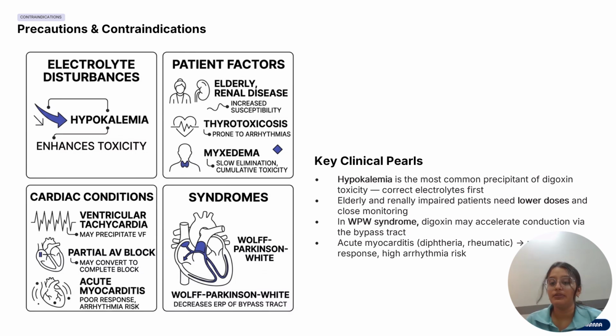Also in WPW syndrome, Wolff-Parkinson-White syndrome, where digoxin may accelerate conduction via the bypass tracts. Also in acute myocarditis, such as that caused by diphtheria and rheumatic infections, with poor inotropic response and high arrhythmic risk.